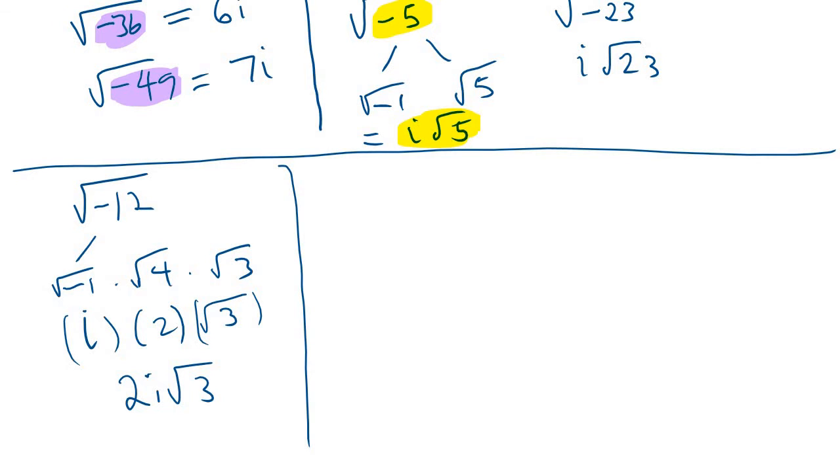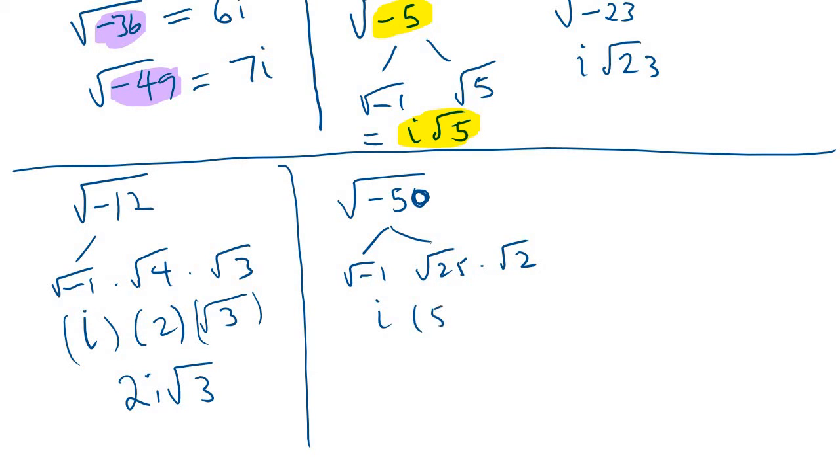Okay, let's do more examples of that. For example, the square root of -50. We can do that as the square root of -1, the square root of 25, because 25 times 2 is 50, and the square root of 2. So that will be i, 5, and root 2. So that will be 5i root 2.